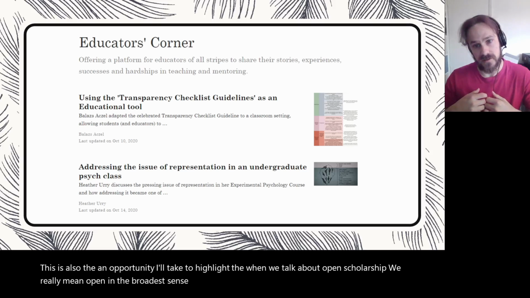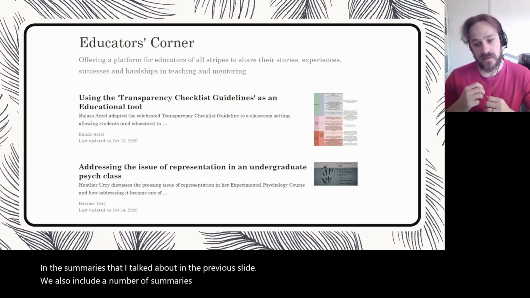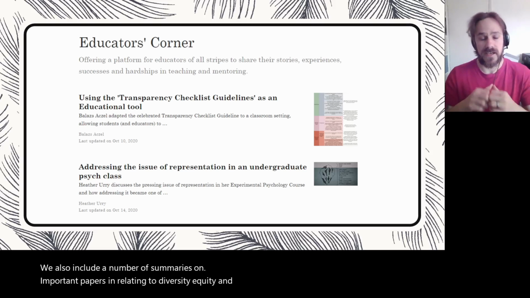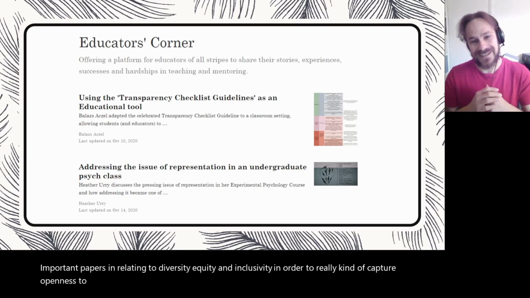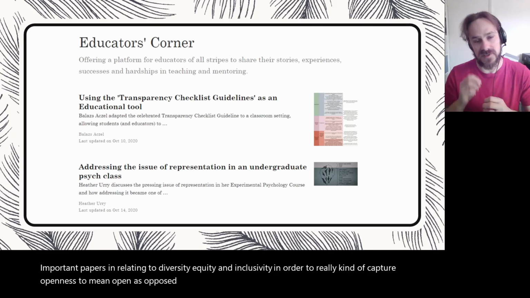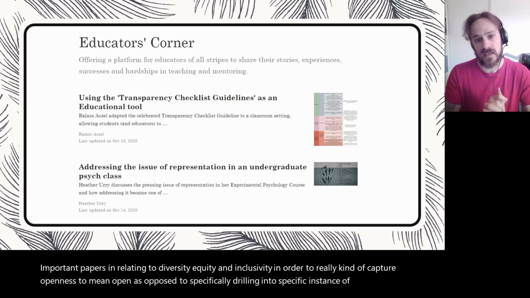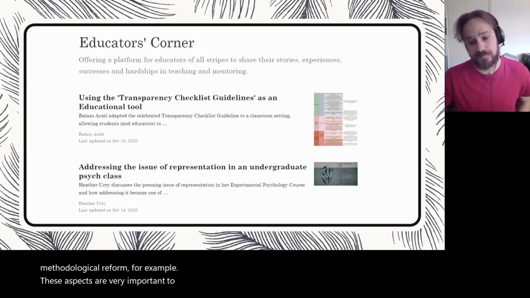So, for example, in the summaries that I talked about on the previous slide, we also include a number of summaries on important papers relating to diversity, equity, and inclusivity, in order to capture openness to mean open, as opposed to specifically drilling into a specific instance of methodological reform, for example. So these aspects are very important to us at FORRT.